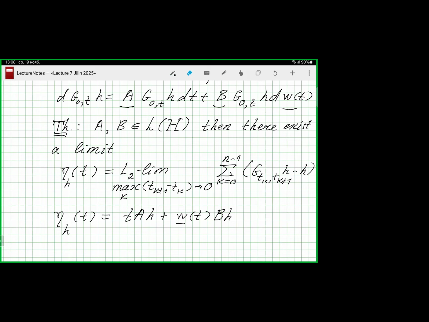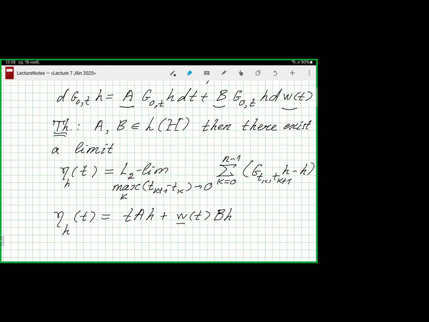Only one thing which we have to keep in mind is that if A and B are unbounded, we have to be careful with the condition which we already mentioned, that operator A must dominate in some sense operator B. But it occurs that the structure of the stochastic semigroup can be much more complicated.